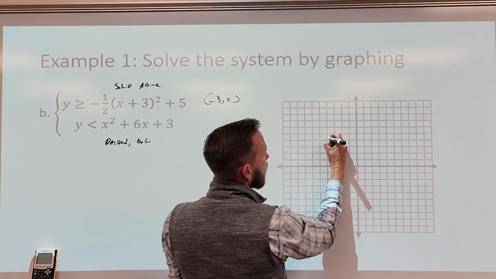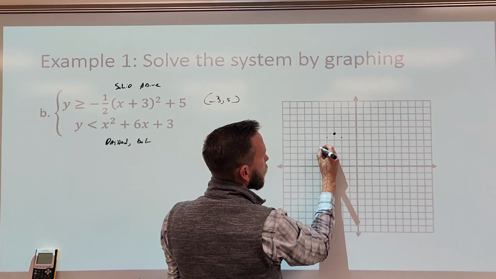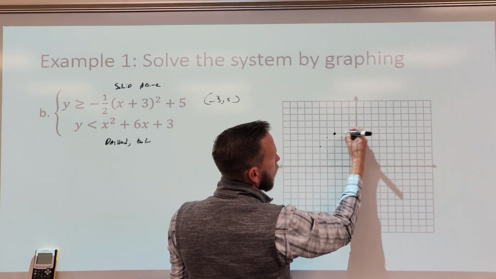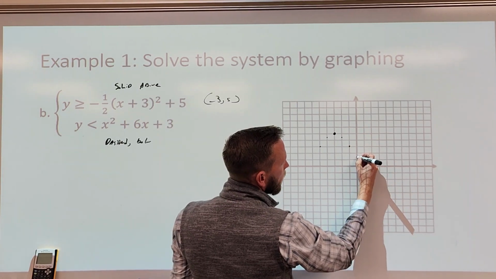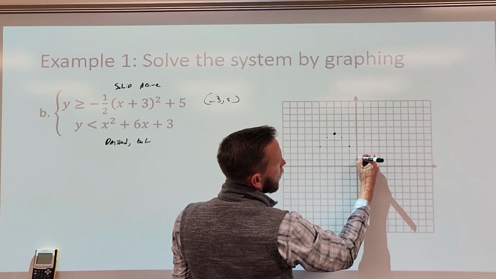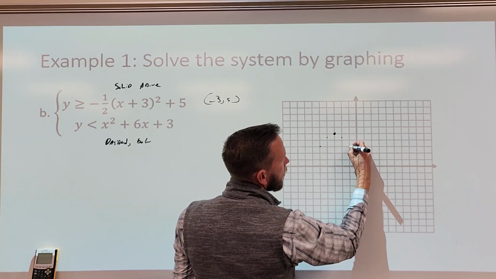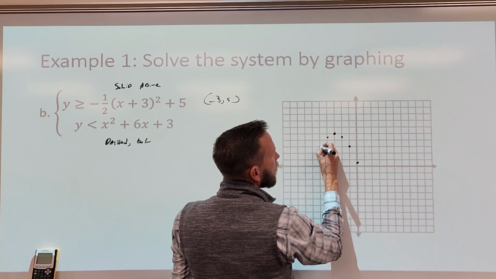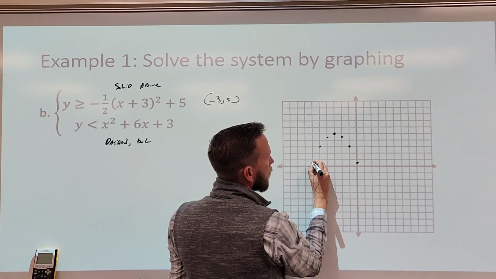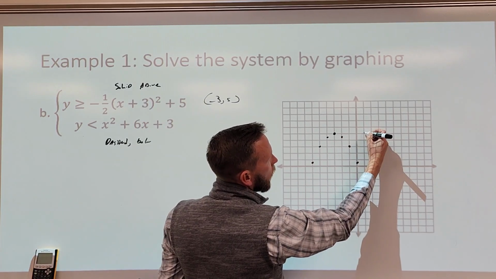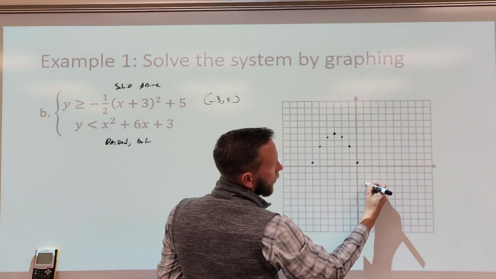So let's go ahead and do this at -3, 5. We are going to go over 1 down 1/2, over 2 down 2, over 3 down 4 1/2. Over 4 down 8, because 1/2 of 16 would be 8.